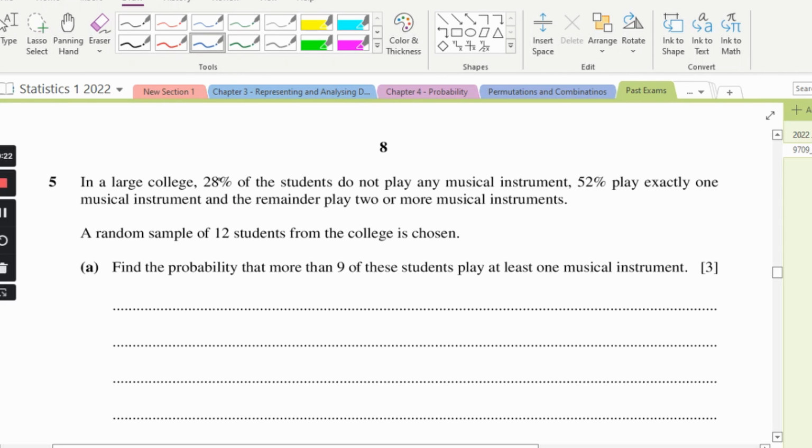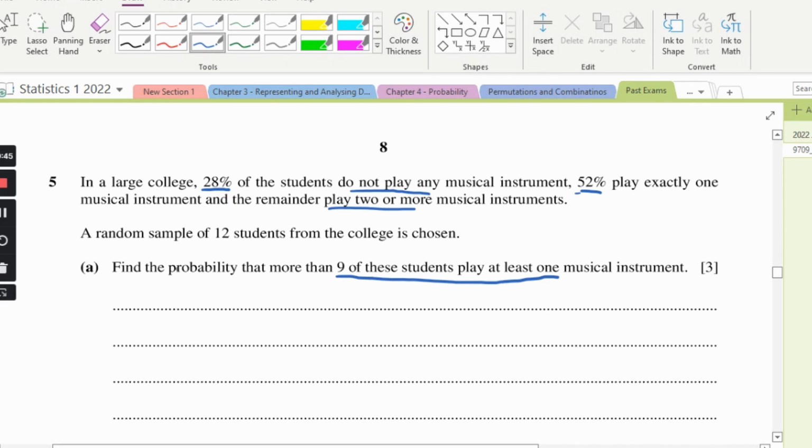Okay. 28% don't play any musical instrument. 52% play exactly one musical instrument, and the remainder play two, which would be the remainder in this case. A sample of 12 students is chosen, and we've got to find the probability that more than 9 of these students play at least one musical instrument.